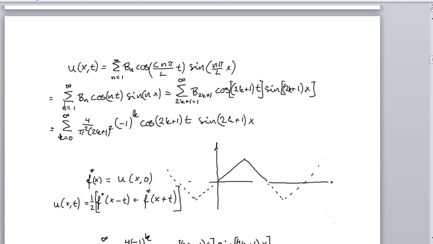In order to get n equal to 1, we must choose k equal to 0. Therefore, we change the starting point for the series from n equal to 1 to k equal to 0. So we get this expression.